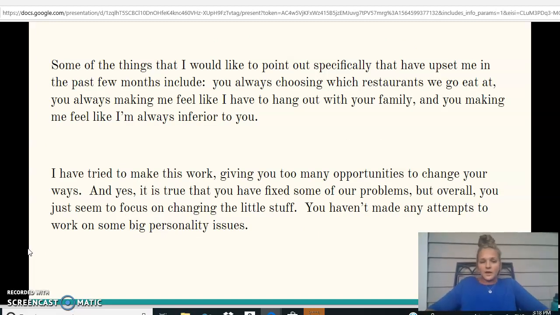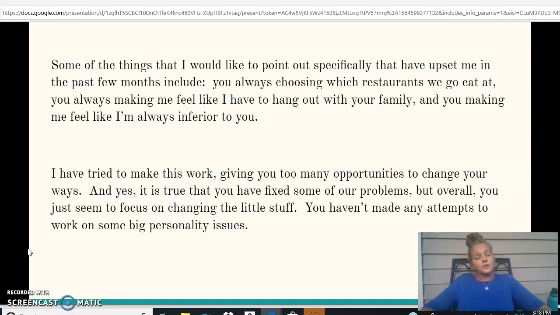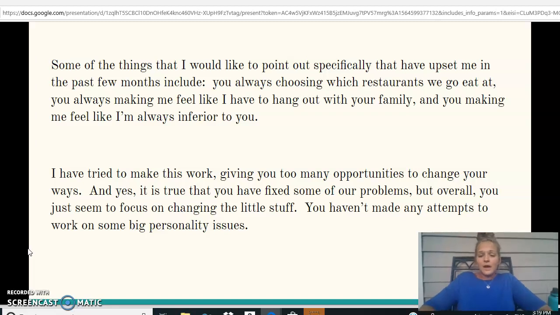Some of the things that I would like to point out specifically that have upset me in the past few months include you always choosing which restaurants we go eat at, you always make me feel like I have to hang out with your family, and you make me feel like I'm always inferior to you. I've tried to make this work, giving you too many opportunities to change your ways, and yes, it is true that you've fixed some of your problems, but overall you just seem to focus on changing the little stuff.